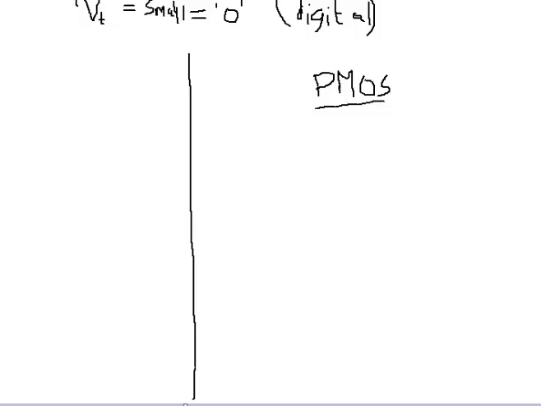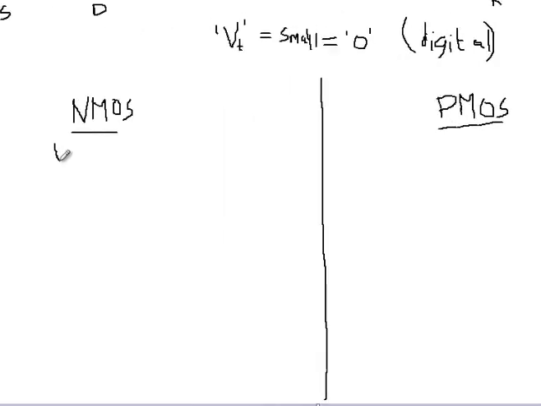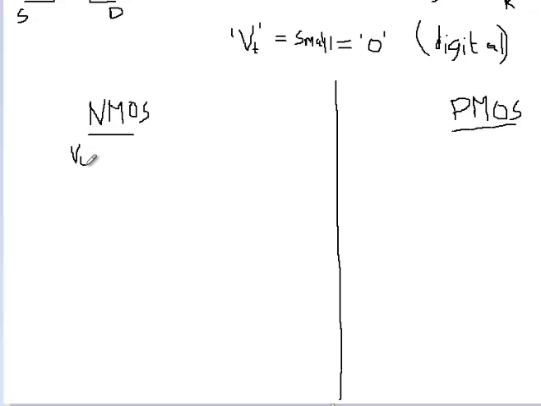Good. For an NMOS, for now, take it from me that VT is positive. I will upload some videos on the threshold voltage that will include most of the physics behind NMOS and PMOS, and why VT is positive for NMOS and why VT is negative for PMOS. I will talk about semiconductor device physics in that separate video. For now, just take it from me that VT is negative for PMOS and positive for NMOS.